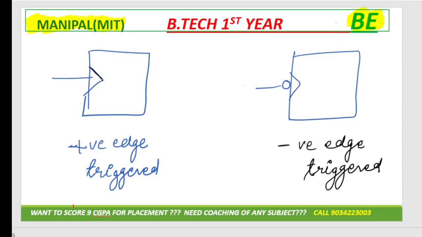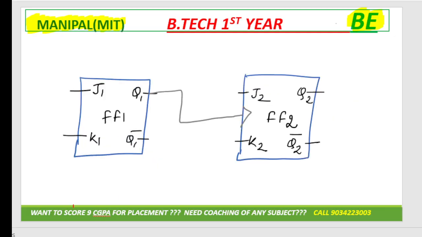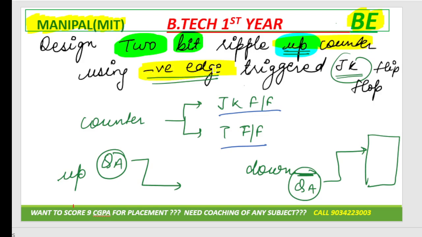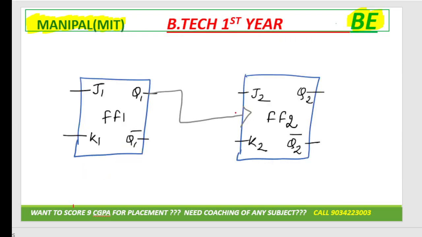So यहाँ पे if there is no circle, then that is represented by positive edge triggered, and if there is a circle, then in that case that would be the negative edge triggered clock pulse. So this one they have mentioned in the question that they are using the negative edge. So in this case you have to use the negative edge triggered clock pulse.